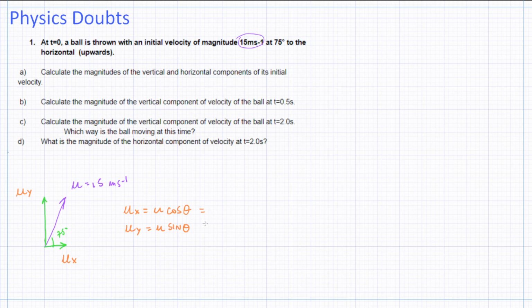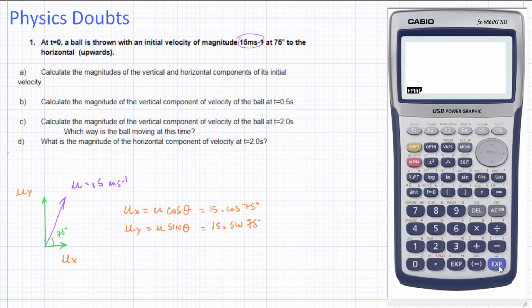For this particular problem, u is 15, and our angle is 75 degrees, right? So let's use our calculator for this. Now the first thing that you have to worry about when you're working with angles and using a calculator is to check if your angles are set up correctly.